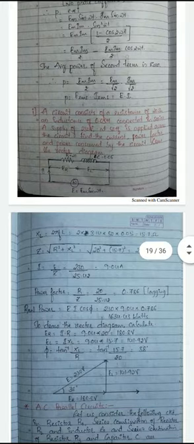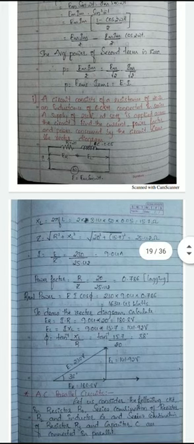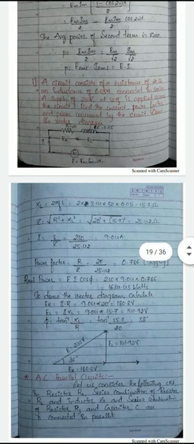Then XL is equal to 2 pi f L, right? So pi is 3.14 and frequency is given as 50 Hertz. Therefore XL is equal to 2 into 3.14 into 50 into 0.05. We will get 15.7 ohms. This is the inductive reactance, right?